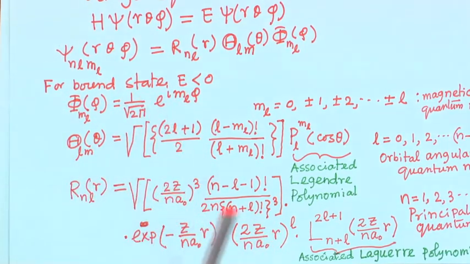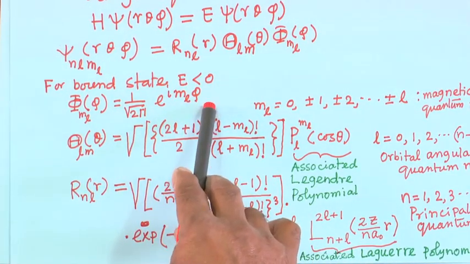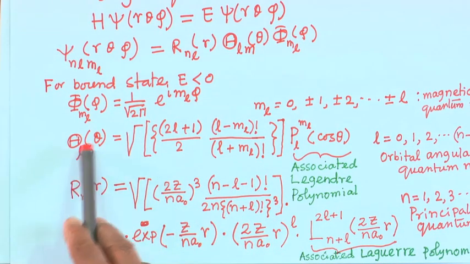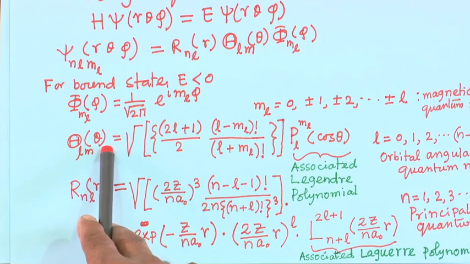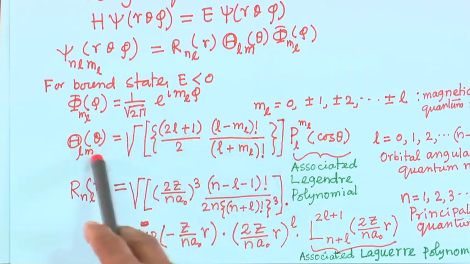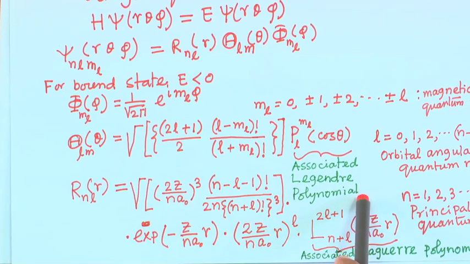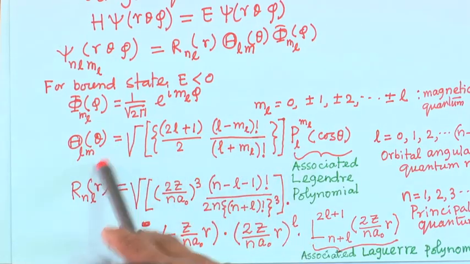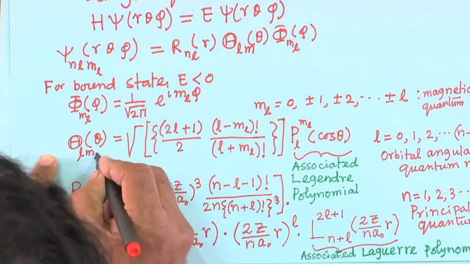If I drop this normalization part, the wave function is e to the power i ml phi, and then capital Theta, a function of theta, Lm theta. Here this wave function is basically the associated Legendre polynomial, where L is involved, and this is ml.